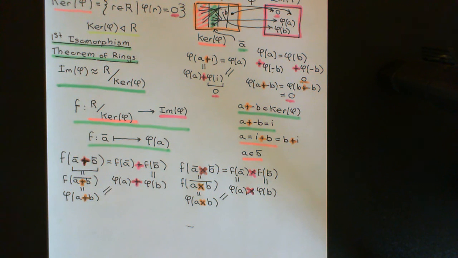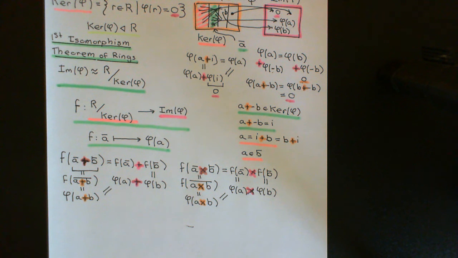Okay, so to summarize then, what we have now got is a very nice understanding of ring homomorphisms. Really what you are effectively doing, if you have a ring homomorphism between one ring and another, is you can think about partitioning up the domain ring into the cosets of the kernel of the homomorphism and mapping all of the elements in a coset of the kernel of the homomorphism onto a single element in the image of the homomorphism.